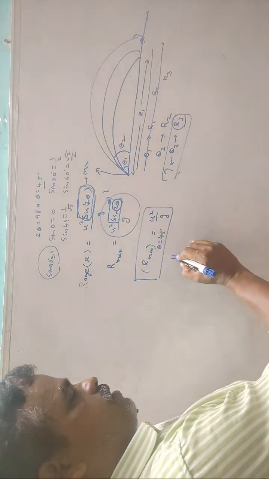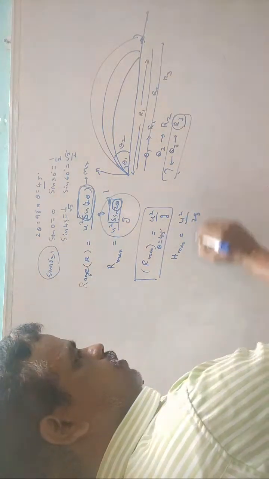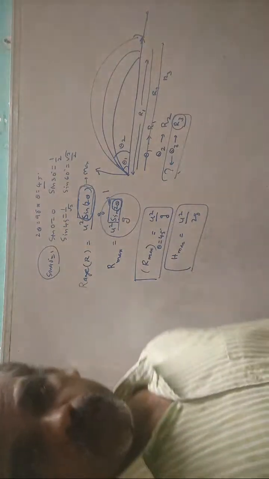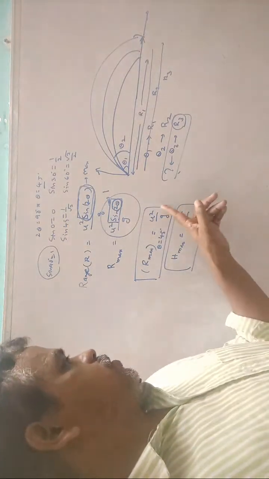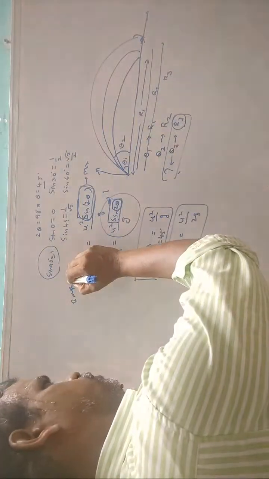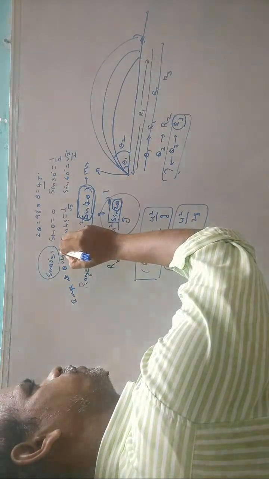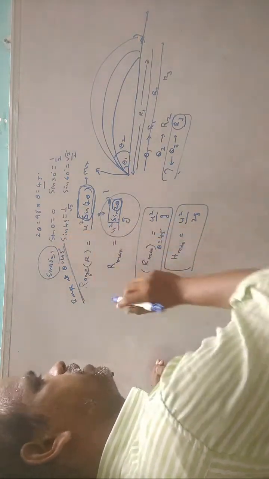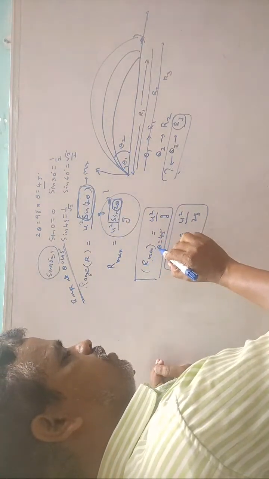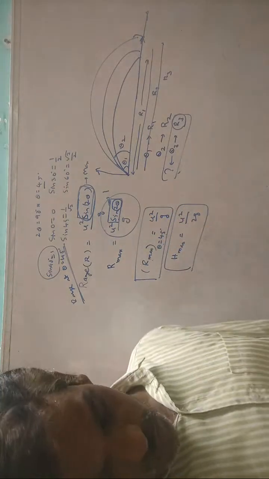Already we got H max as u square by 2g. So you write this one, as a side heading: range at theta equal to 45. The maximum range acquired by that body at theta equal to 45 is u square by g.